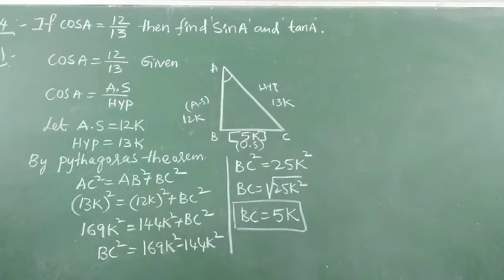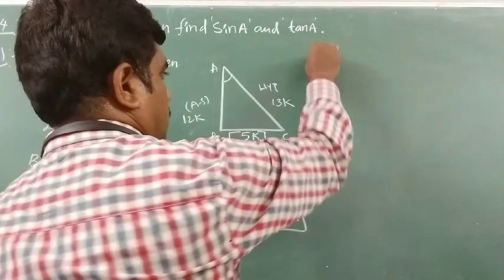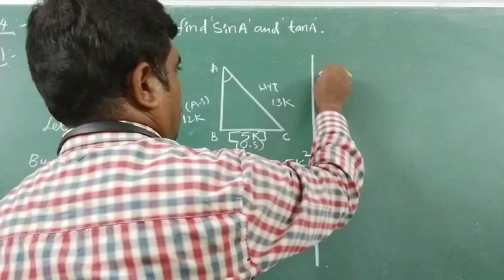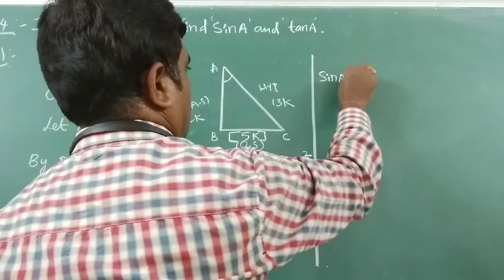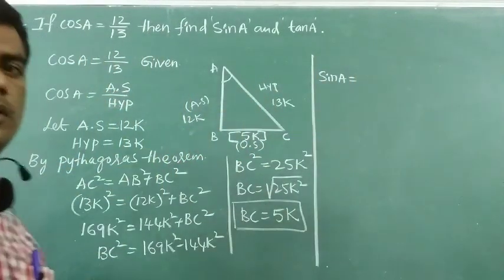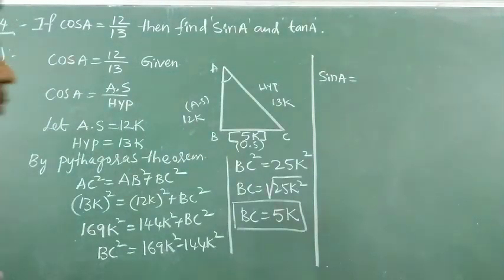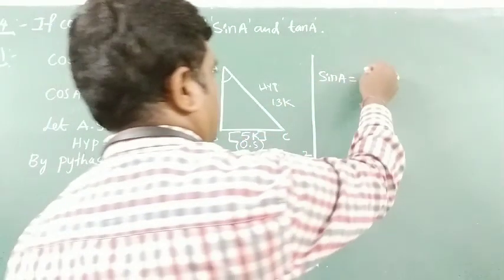So now we can find sin A and tan A values. First, sin A. Sin A means the ratio between opposite side to hypotenuse.